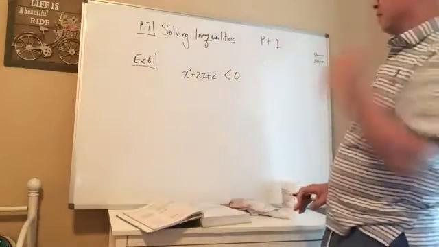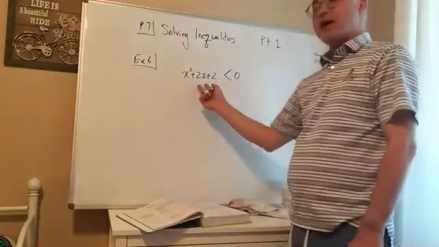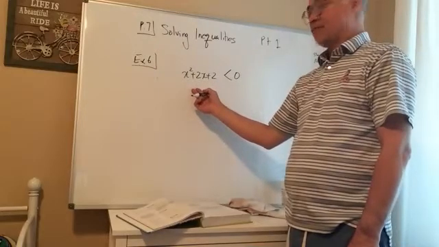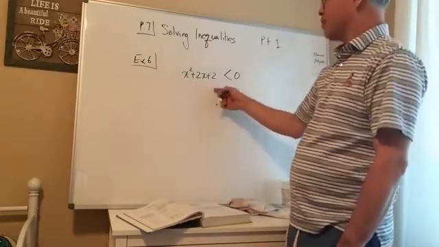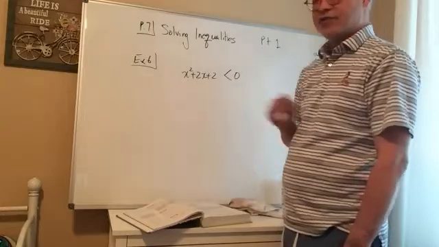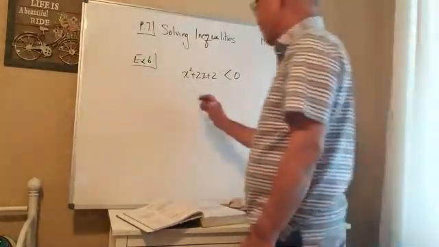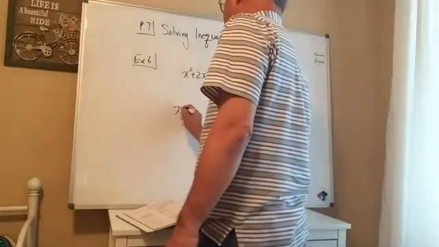Okay. So does this factor out? Can I factor this? Doesn't look like it. There aren't any numbers that multiply to 2 and add to 2. Okay, so what do I do? I put it in the quadratic equation.